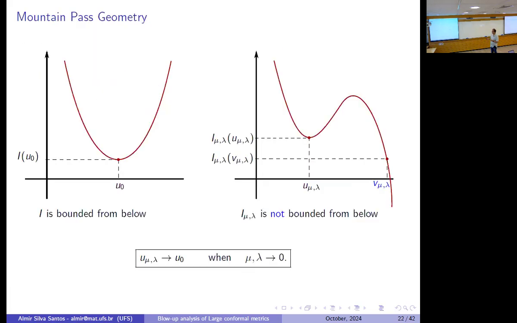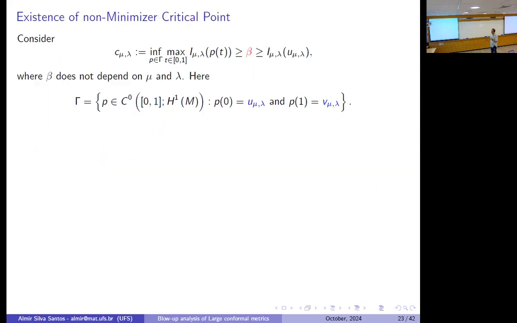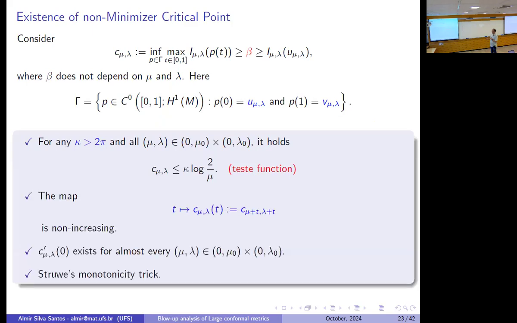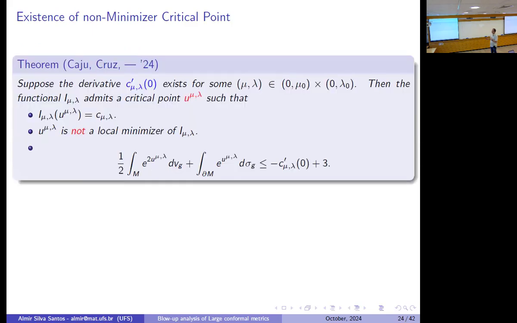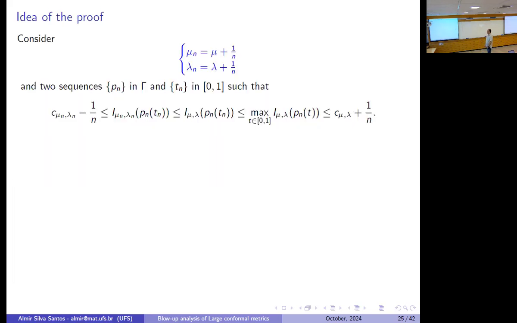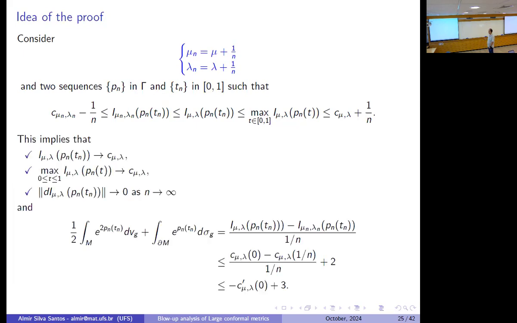I said that this is a solution, a critical point, but this one converges to the global minimizer. What is happening with the other one, these critical points? So the point here is to analyze this convergence. The proof just uses the definition and finds some estimates here.